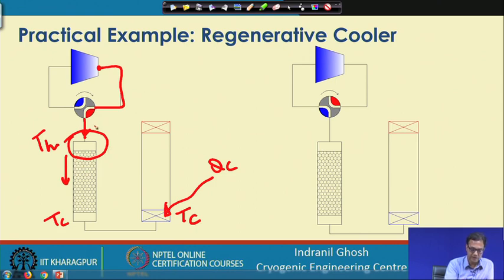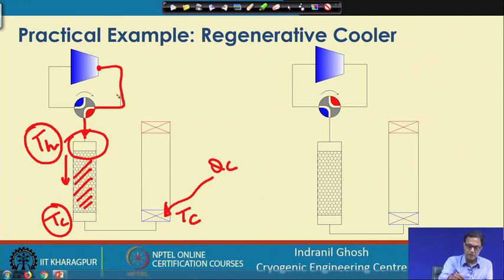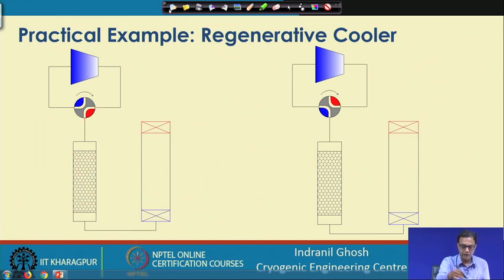This gas is at high temperature, and by the time it comes over here, it is at TC. While passing through this regenerator matrix, the matrix will be heated up, and the gas in turn will cool down to TC. At the end of this cycle, the gas is coming over here and getting expanded.